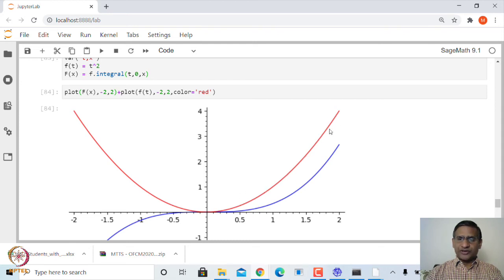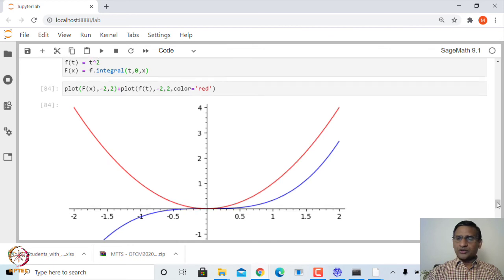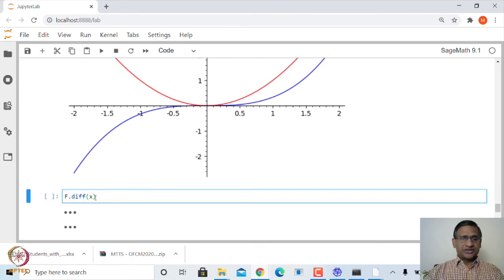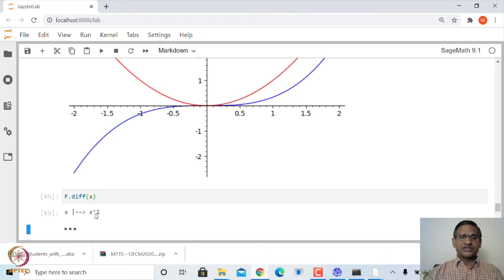You can see this is the parabola, the graph we have taken is f(x) equal to x square, and what you are getting is a cubic. So, if I try to find the derivative of capital F(x) with respect to x, you should get x square, that is what you get.